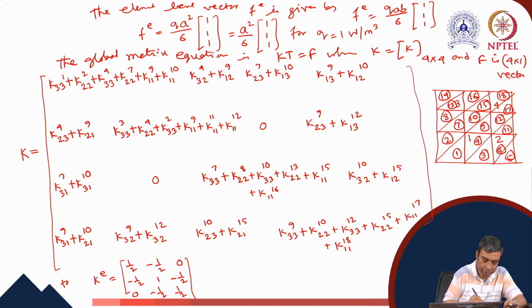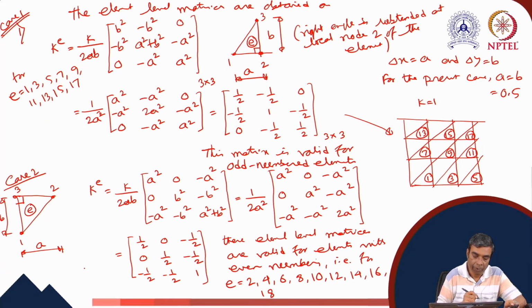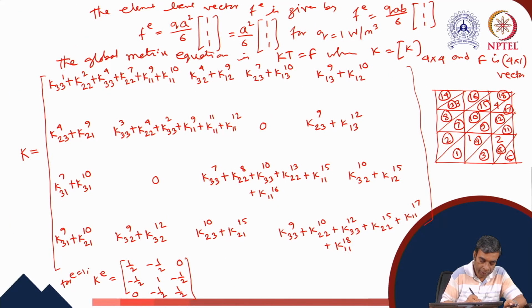This is for e equals to odd numbers 1, 3, 5, 7, 9, 11, 13, 15 and 17.